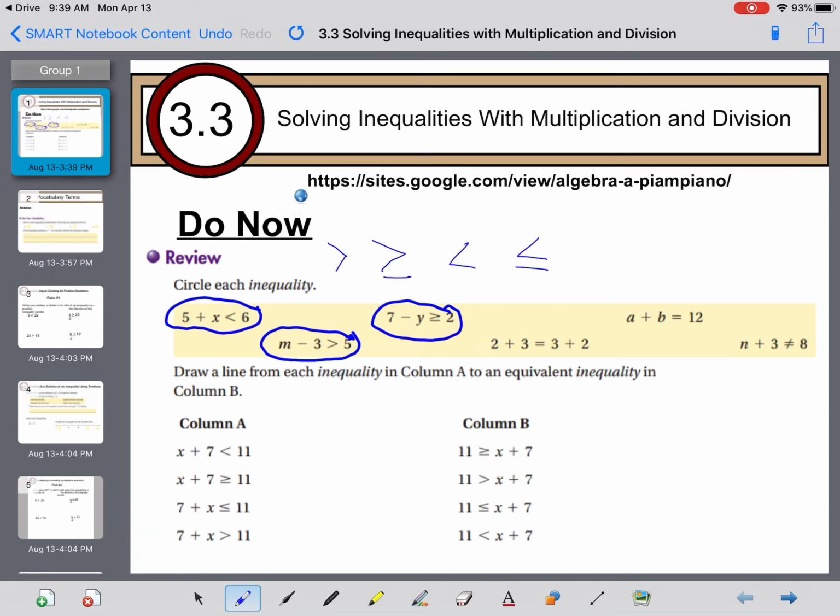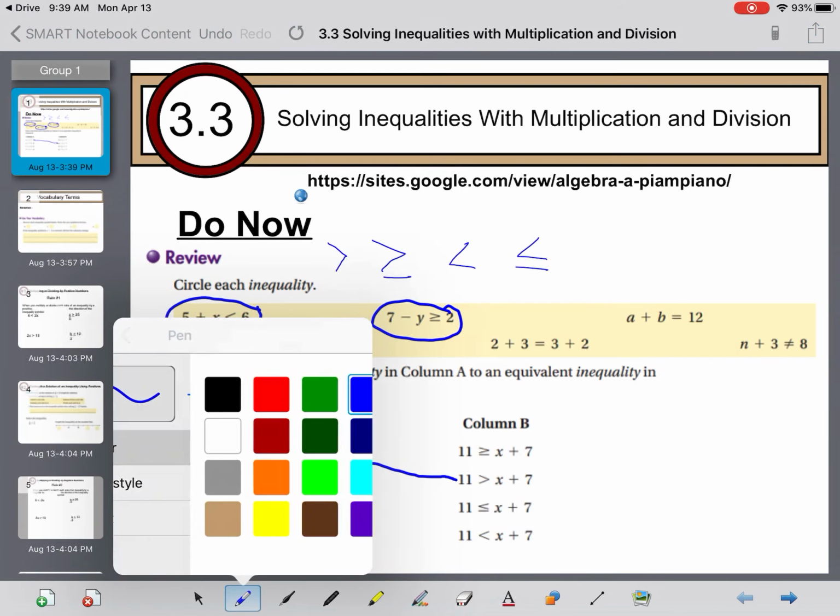Well, these are just taking the inequality and flipping it over. So x plus 7 is less than 11 is the same as 11 is greater than x plus 7.